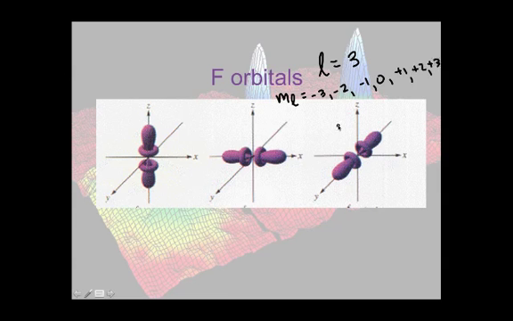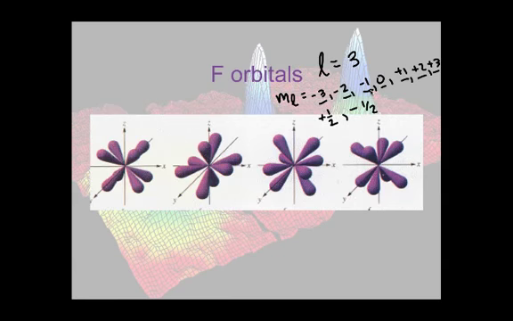And so how many different shapes is that? That's 1, 2, 3, 4, 5, 6, 7 different places where electrons can go, either spinning up or spinning down. 7 different places. Here's a picture of 3 of them, and then the next 4 look like this. So that's what f orbitals kind of look like when we graph them in a 3-dimensional coordinate system.